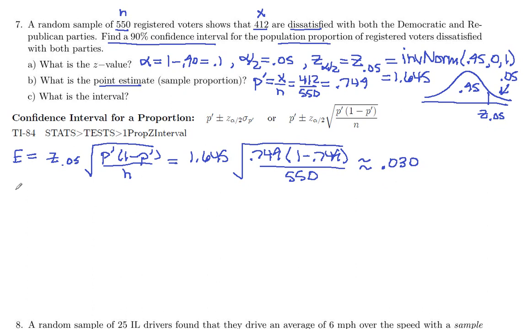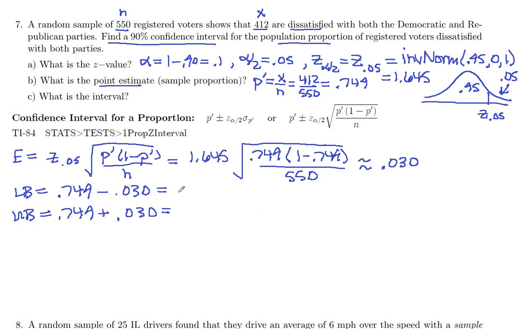So then our lower bound here is going to be our sample proportion, which is the 0.749, and then subtract our margin of error, 0.030. And then our upper bound will be the 0.749, and we will add the 0.030.